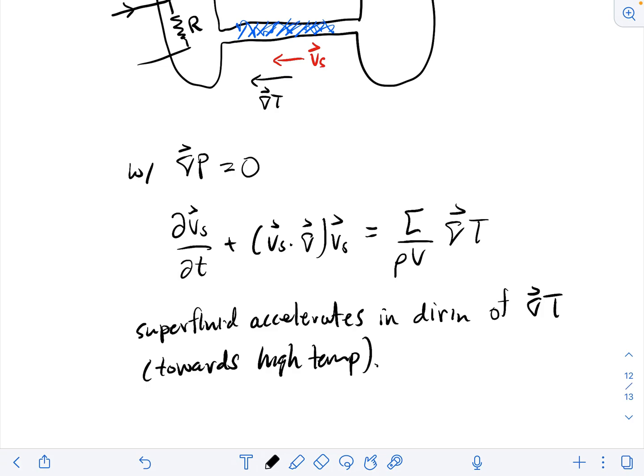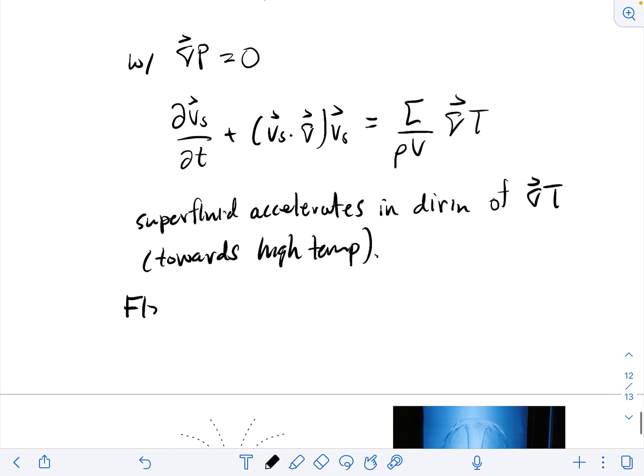So this flow continues until, again, we reach this equilibrium condition where the pressure difference that develops offsets the temperature difference.